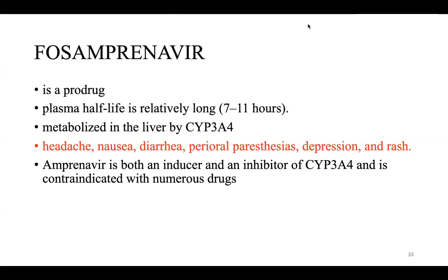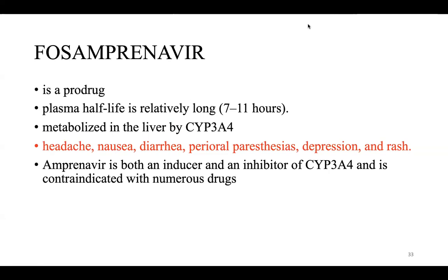Fosamprenavir is a prodrug of amprenavir that's rapidly hydrolyzed by enzymes in the intestinal epithelium. Because of its significantly lower daily pill burden, fosamprenavir tablets have replaced amprenavir capsules for adults.